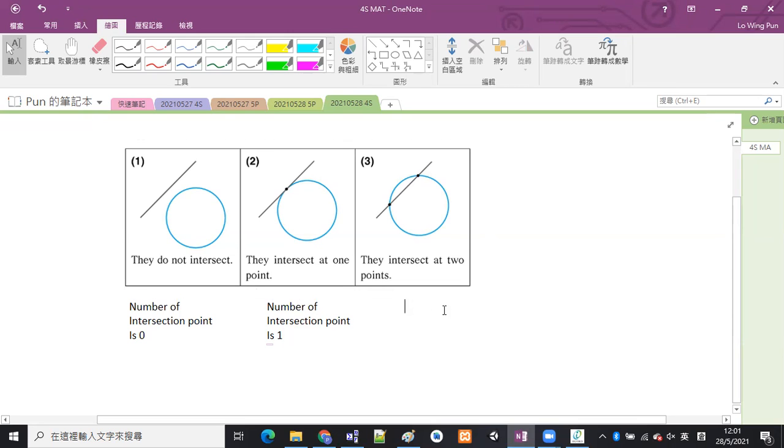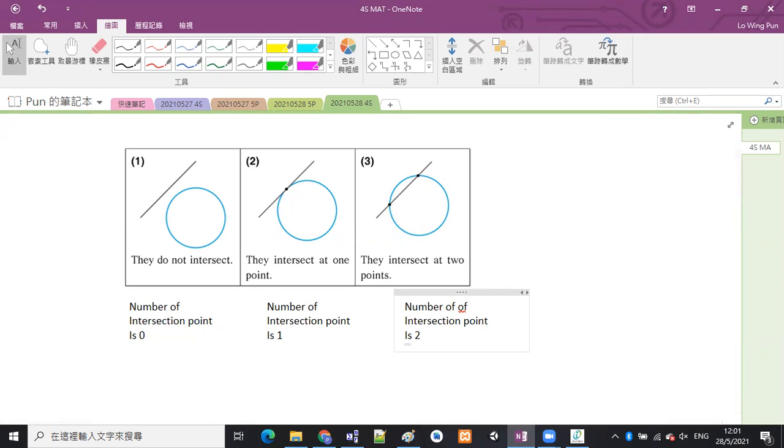And case 3, the number of intersection points is 2. Okay, 3 different cases. So we will categorize the 3 different cases by the number of intersection points between the circle and the straight line.